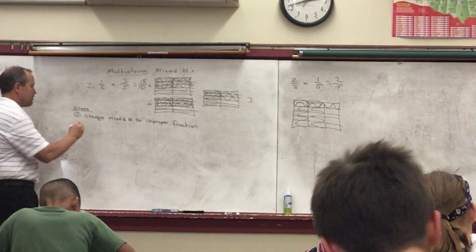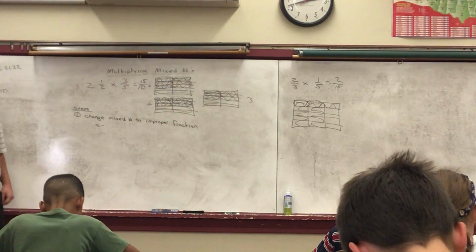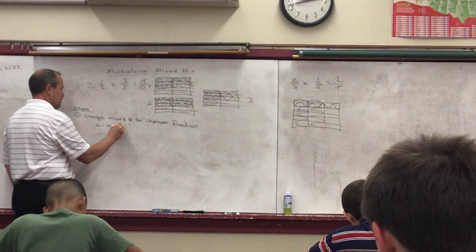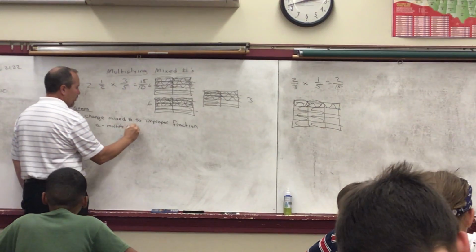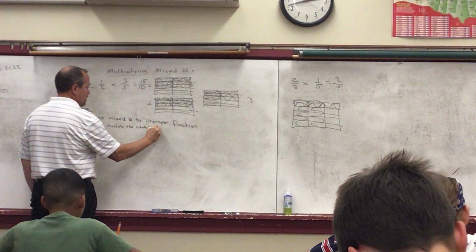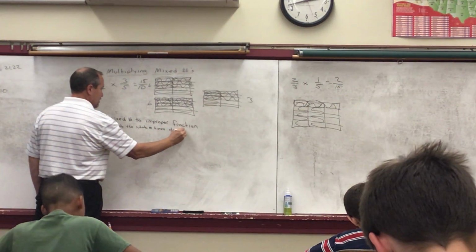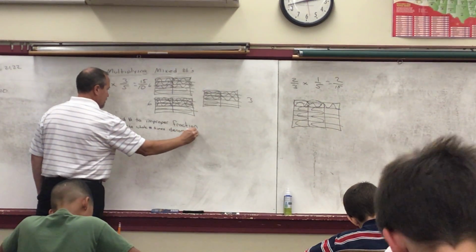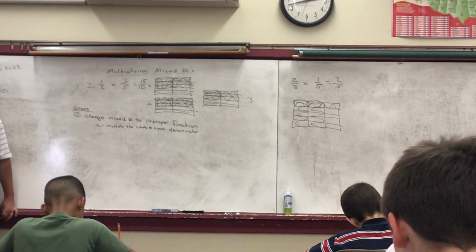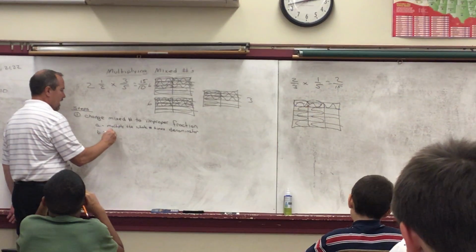To do that, first you're going to multiply the whole number times the denominator. Then add the numerator.